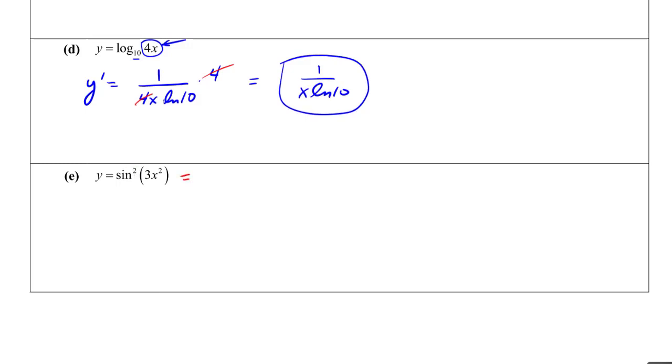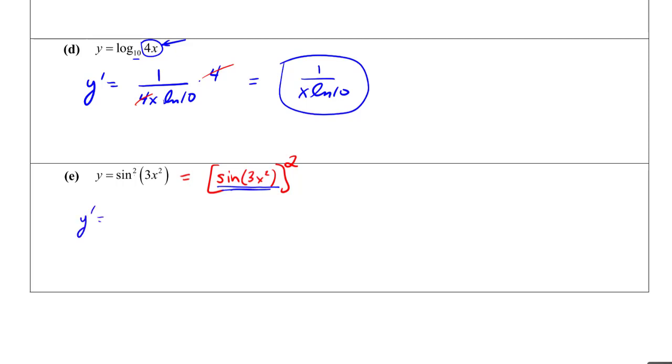I might actually be better off seeing this as sine of 3x squared, all squared. Okay, because now I see what is the outermost thing. The outermost is the squaring. So I have all of this being squared. So that's the something inside.